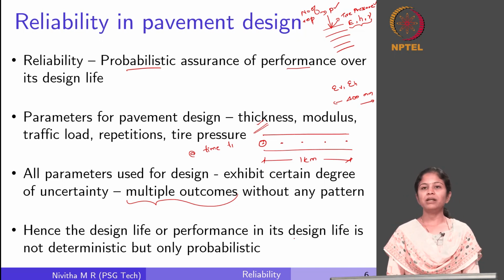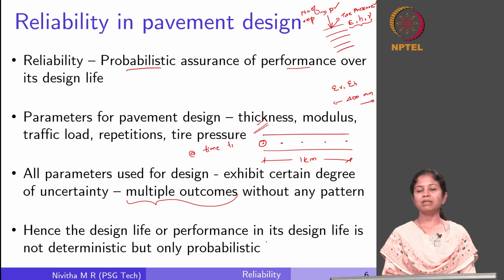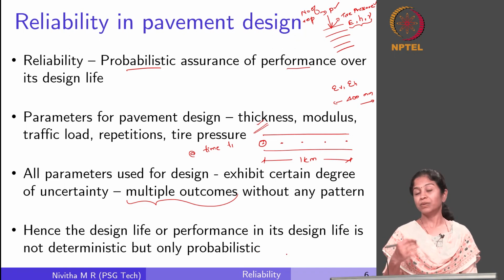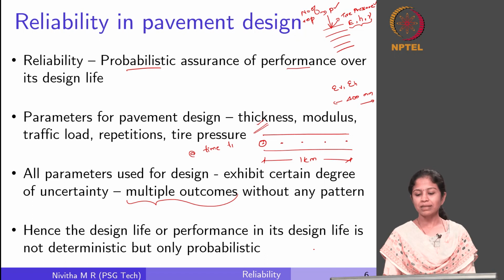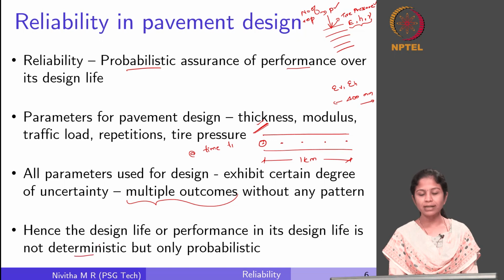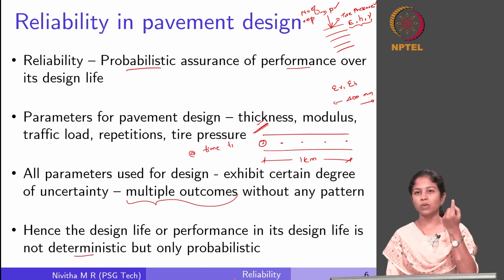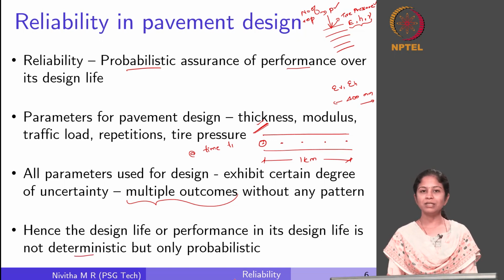So, all parameters used for design will have some inherent variability without any pattern and some pattern based variability over the design period. Hence, the design life or the performance of the pavement in its design life is not deterministic. We cannot associate one single value to all this variability.